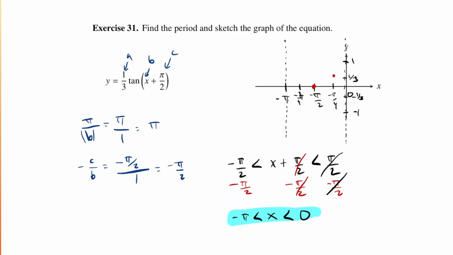So our graph would be here and here. If you connect those points, you're going to get your tangent graph. If this had been a negative 1/3, then you would have put the points here and here, which would have turned the graph in this direction. It would have looked like a cotangent graph.